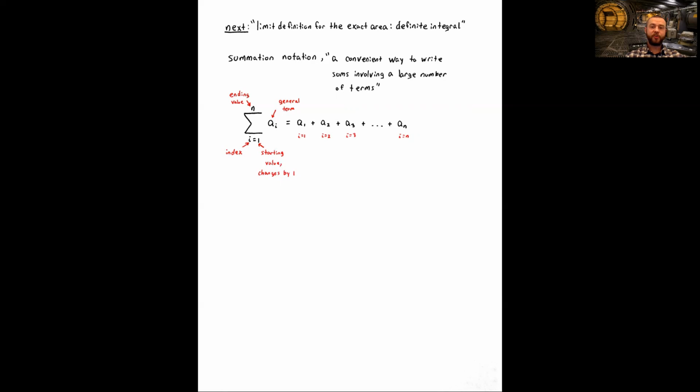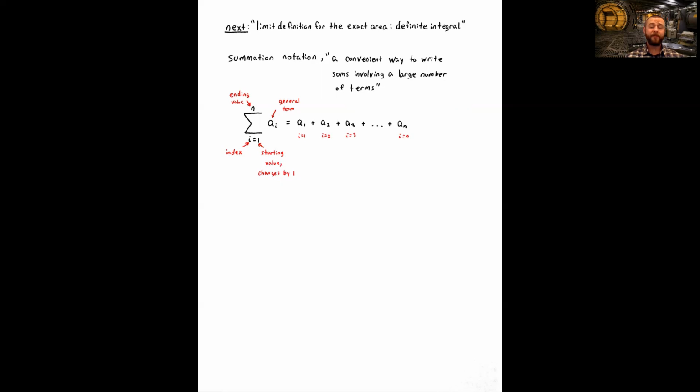With summation notation, the index always changes by 1 unit. So if we start our index at 1, the next index value would be 2, after that 3, then 4, 5, and so on. It's basically due to how we count things: we count a whole number amount of things, counting 1 unit in between.